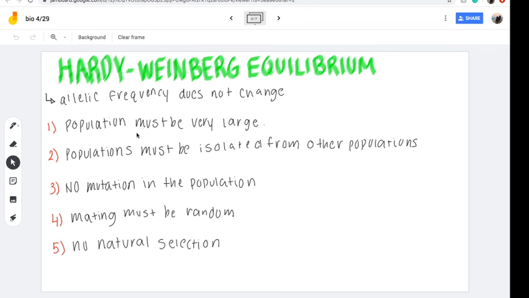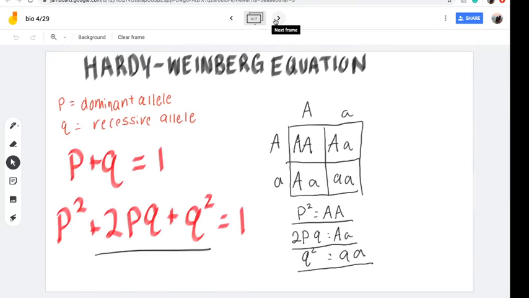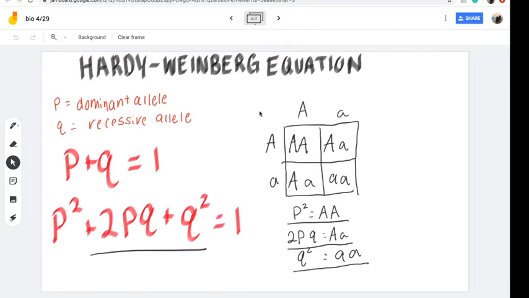Then no mutations in the population should be present. And then mating must be random, and there should be no natural selection. Then we talked about the Hardy-Weinberg equation. P expresses the dominant allele and Q expresses the recessive allele. There are two equations, P plus Q equals 1, or P squared plus 2PQ plus Q squared equals 1. And we justified this equation by using the monohybrid cross.